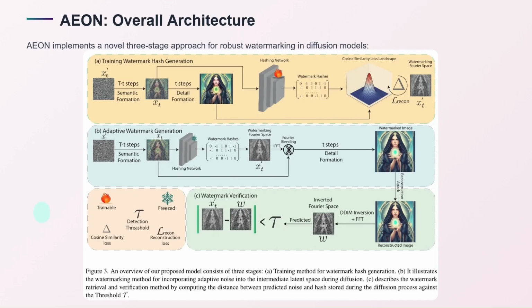We mimic a reconstruction attack, and the reconstructed image is then used to extract W, that is the watermark noise, by using inverse DDIM and the FFT process that is taken from Robin and existing methods. And then we compute the difference of this extracted watermark with the watermark that we generated in step 2.